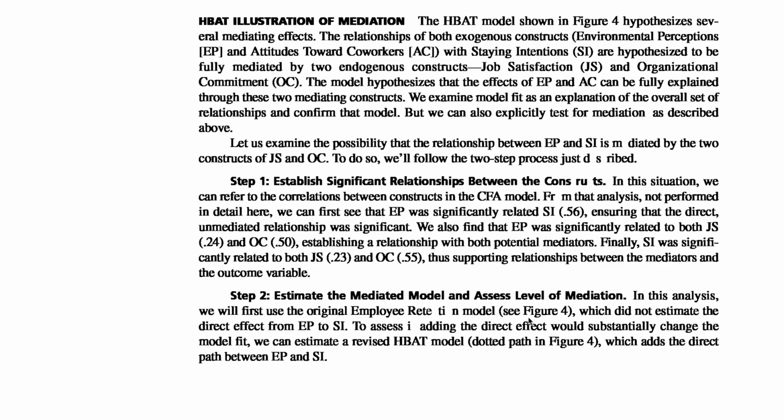We also find that EP was significantly related to both JS at 0.24 and OC at 0.50, establishing a relationship with both potential mediators. Finally, SI was significantly related to both JS at 0.23 and OC at 0.55, thus supporting the relationship between the mediators and the outcome variable.